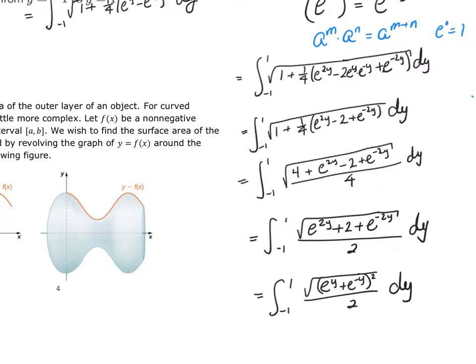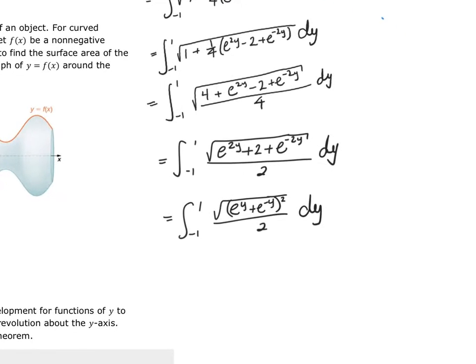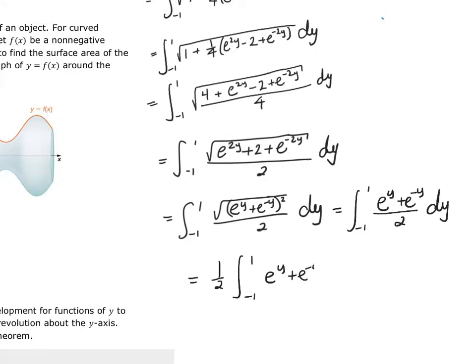And when I square a square root, I'm going to get from -1 to 1 of e to the y plus e to the negative y divided by 2 dy. So in other words, I have 1/2 as a multiplier from -1 to 1 of e to the y plus e to the negative y dy.